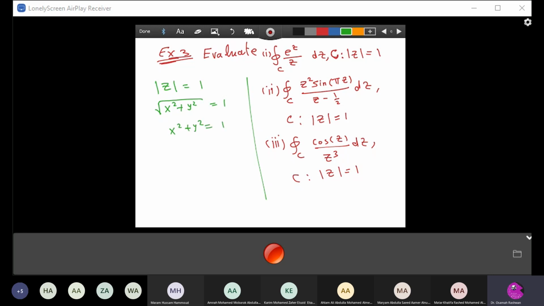Yes, I got this one in math 1. It is a circle with center 0, 0 and radius r, or a, you can call it a, equal to 1, right?